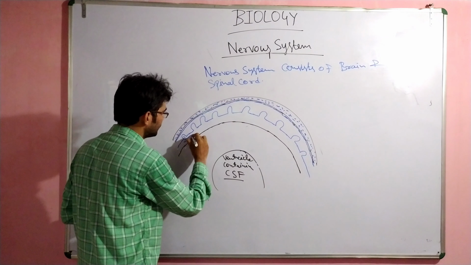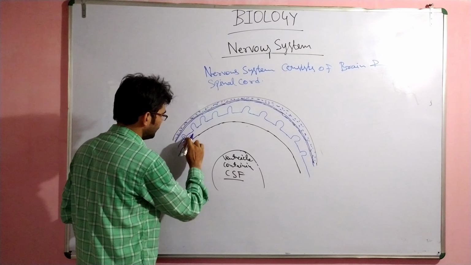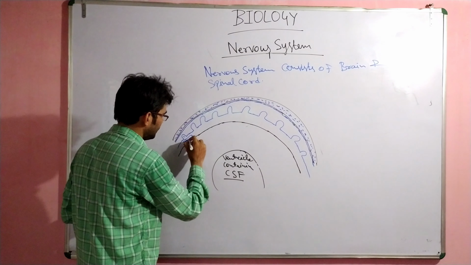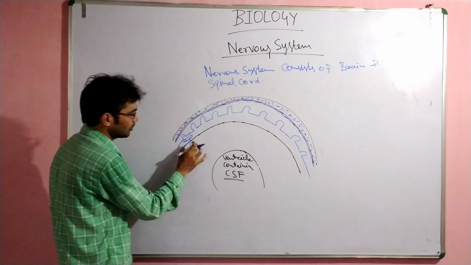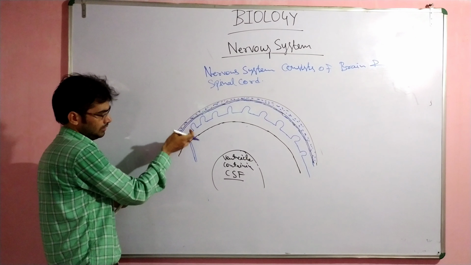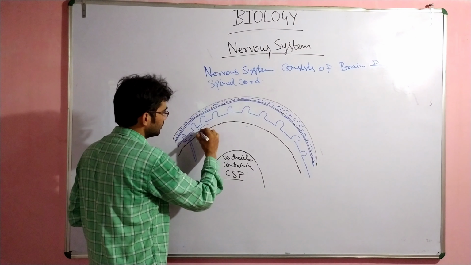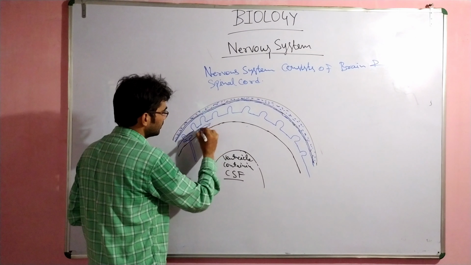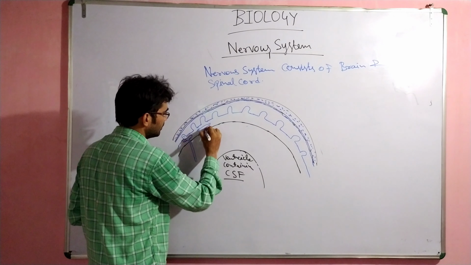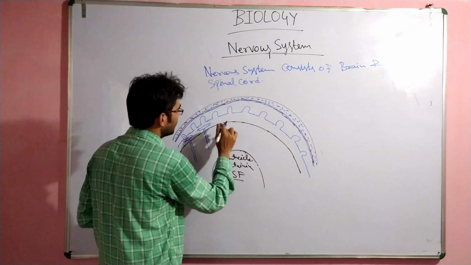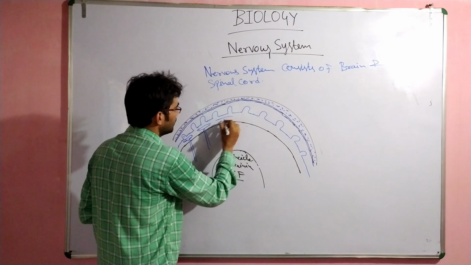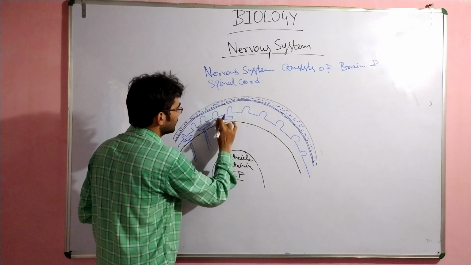Making the nerves here, which are in contact with the arachnoid. Blood vessels and nerves are there.